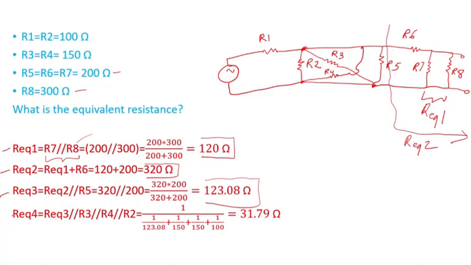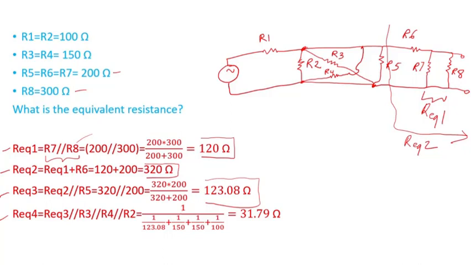Now R equivalent 4 is equal to R equivalent 3, which is in parallel with R3 and R4 and R2. When you have resistors in parallel, their equivalent is 1 over the sum of the inverses of all the resistors.